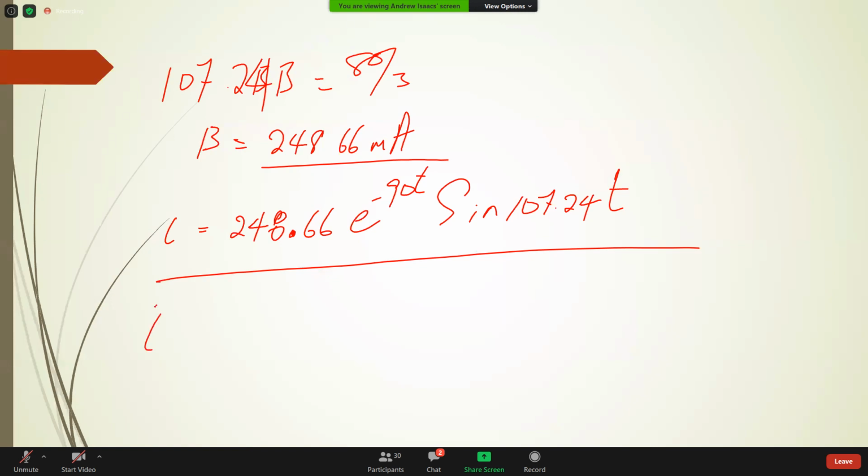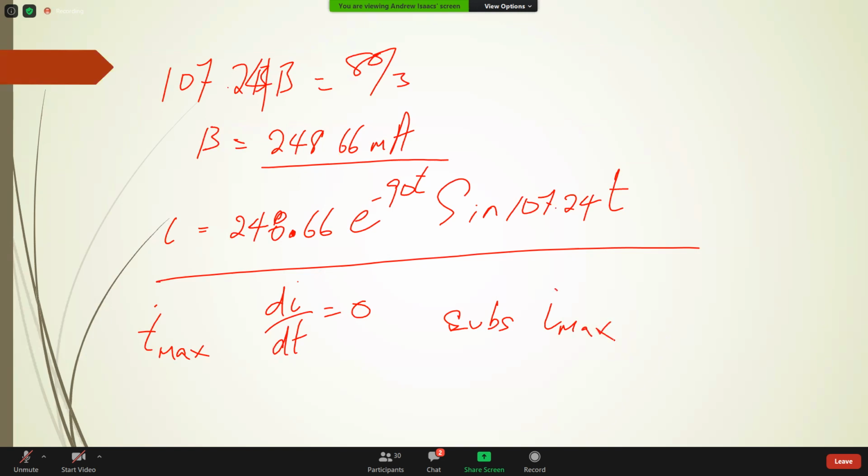For T max, we'd set di/dt to 0, and find the corresponding time. And once you have T max, you substitute for I max.